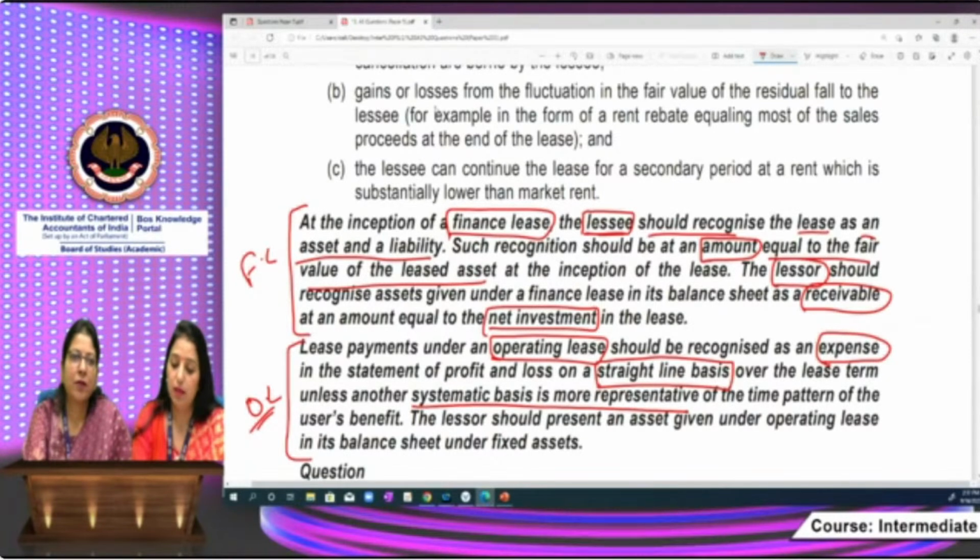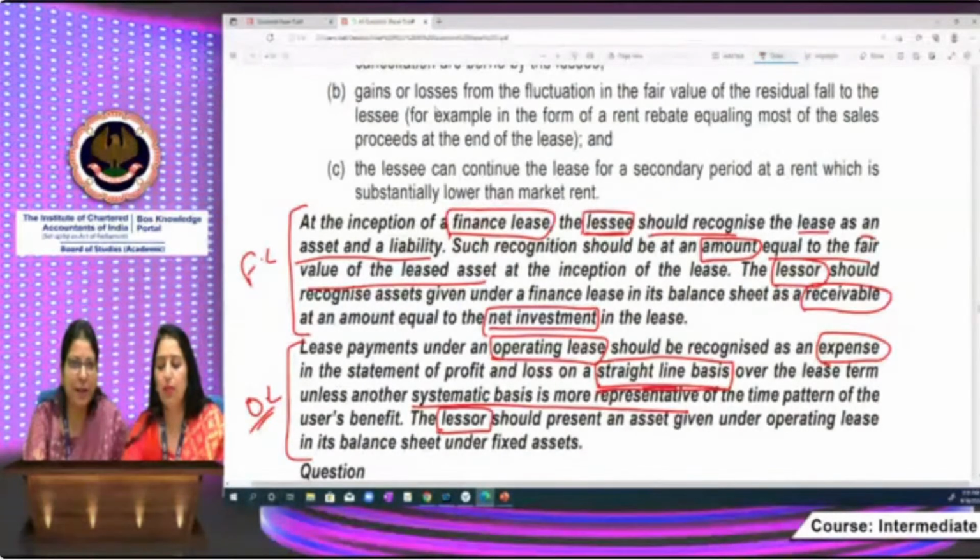So if in the question you are provided with some other method, and it is specifically mentioned that the lessor is charging on this particular basis, then only we have to give the accounting treatment accordingly. Otherwise, we have to provide the SLM, straight line basis.